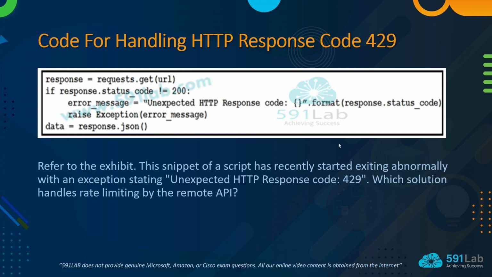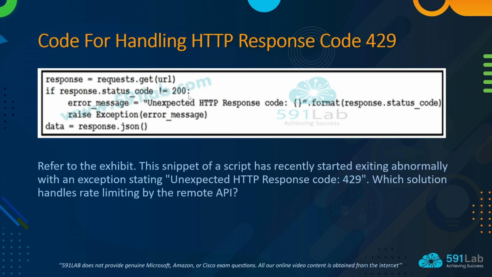Look at the code. This code is just for the basic action of the HTTP GET, and if the response code is not 200, we know that if we get some message with HTTP and everything is alright, we will get the message using response.json, and the response.status_code is 200.